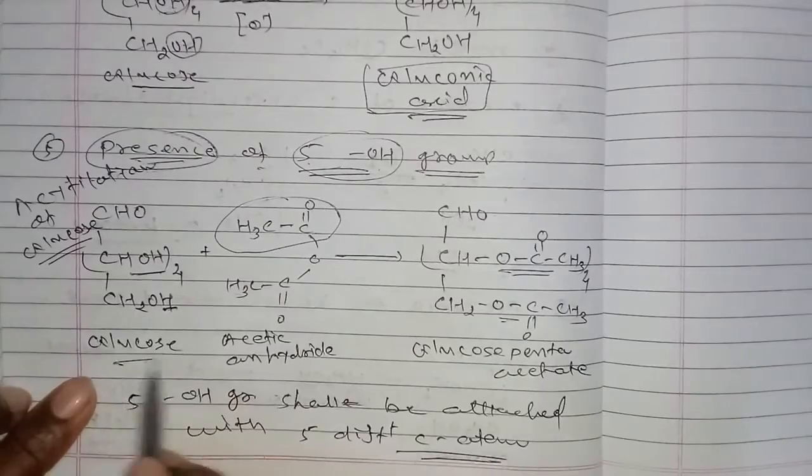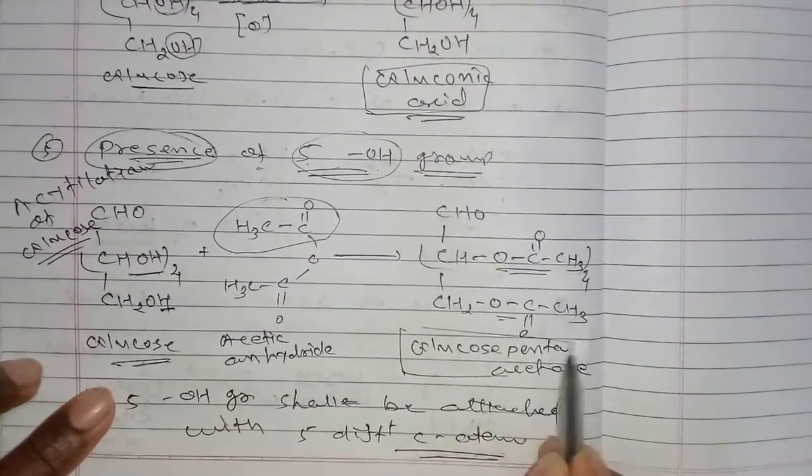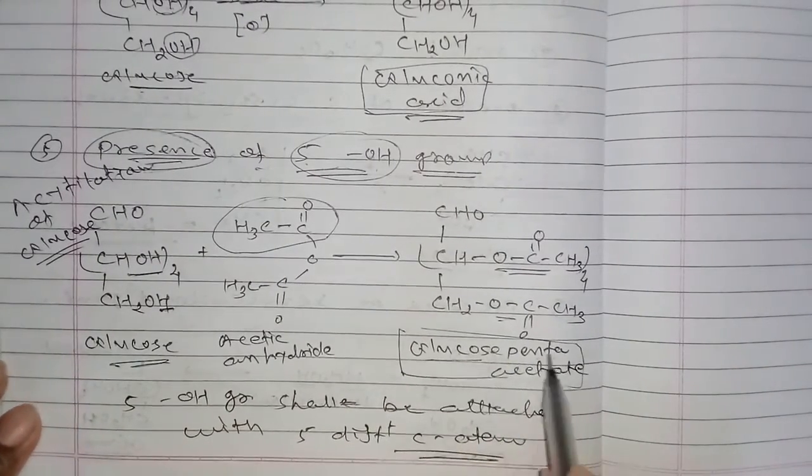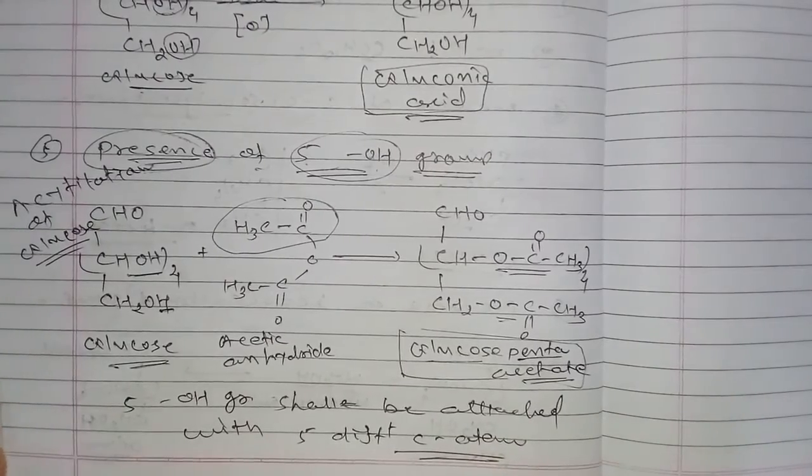On acetylation of glucose, glucose pentaacetate is formed.